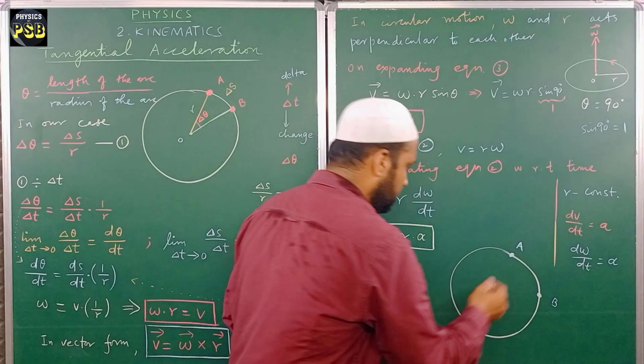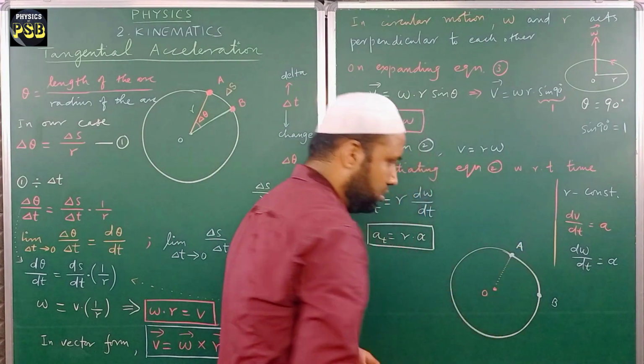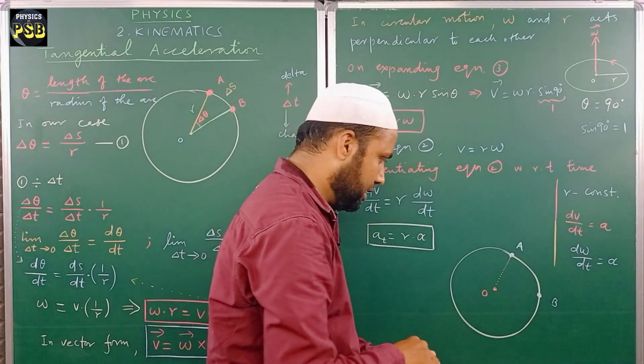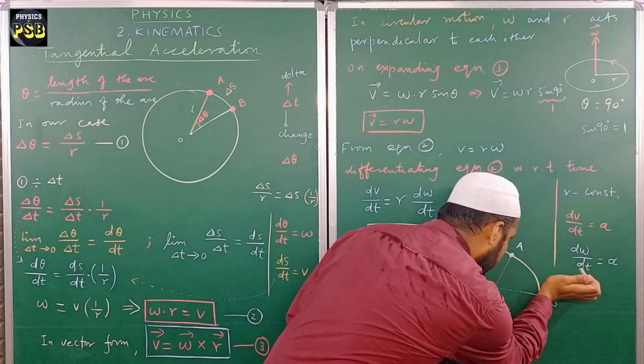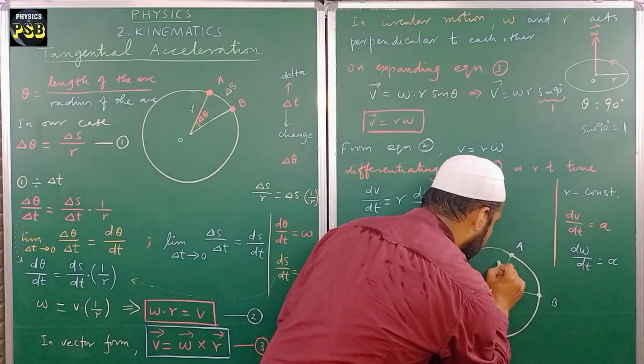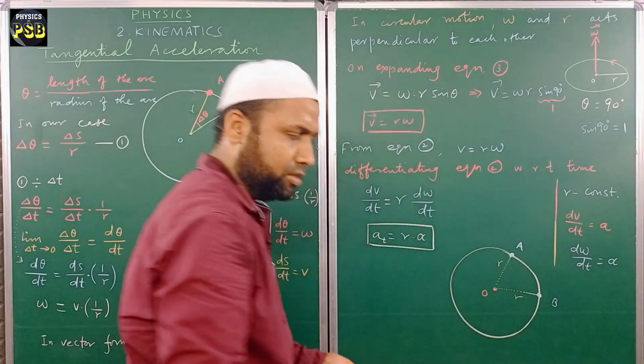Now, I connect A to the center, and the same thing I do with B as well. Okay, this is the radius of the circle.